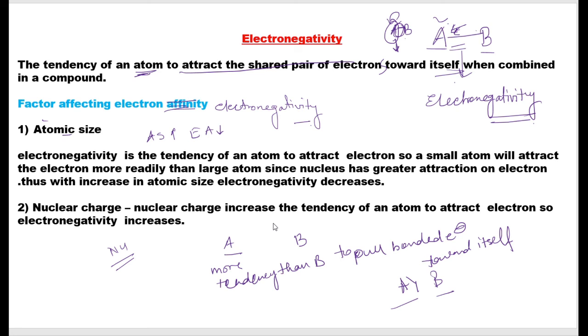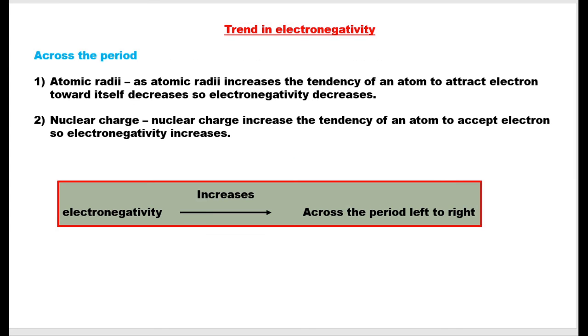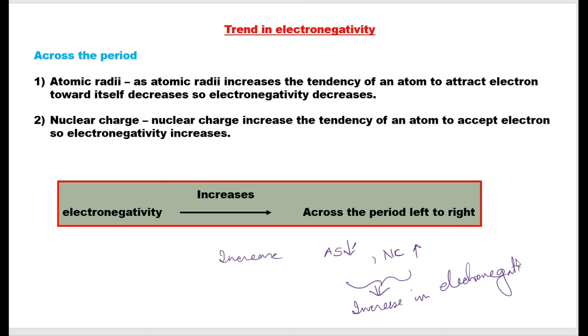Therefore electronegativity would be more. How does it vary across the period? It will increase. Why? Atomic size decreases across the period, and nuclear charge increases. So both factors contribute towards the increase in electronegativity.